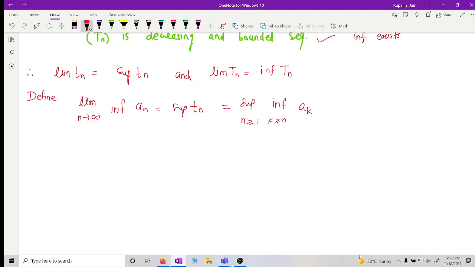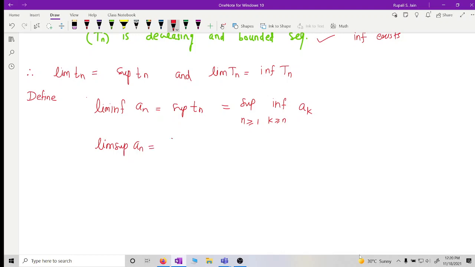This is liminf, and limsup. Liminf of an is nothing but supremum of tn, and that is this one. And what will be limsup?